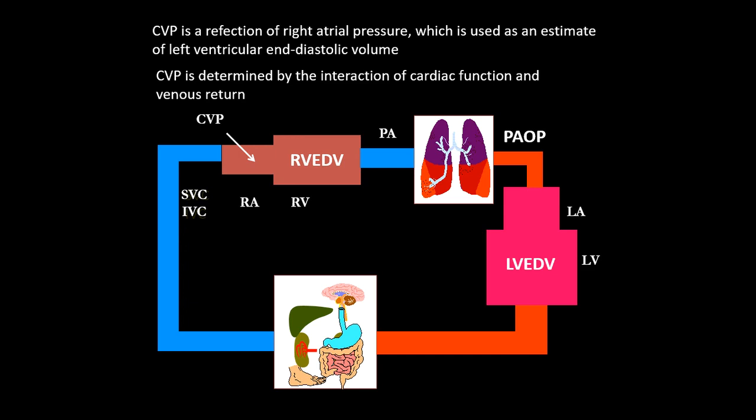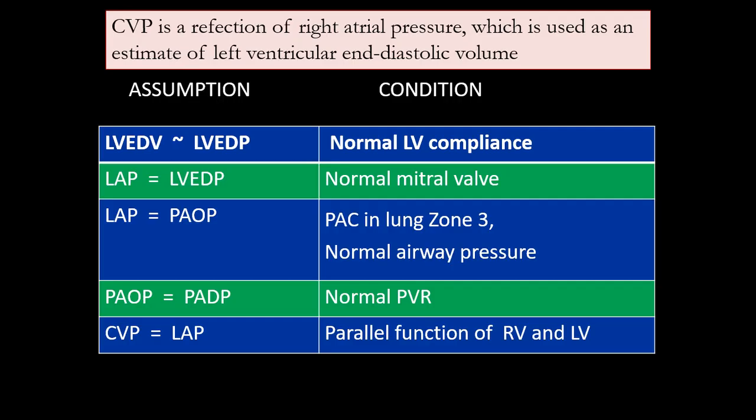So just imagine the cardiac function and venous return. When anything between them is having some problem, we cannot rely on the CVP. So CVP is a reflection of right atrial pressure, which is used as an estimate of left ventricular end diastolic volume with these assumptions and conditions. Look, everything is normal.